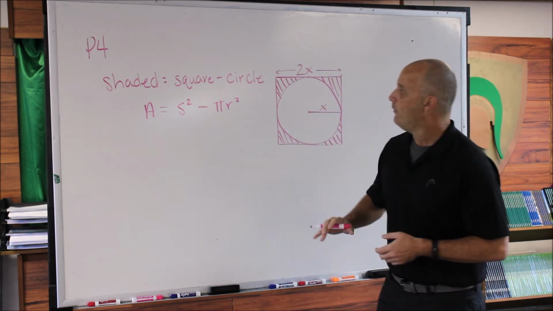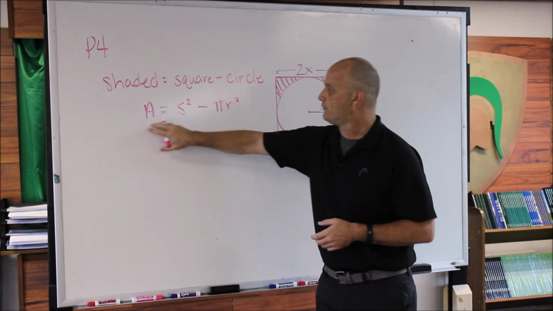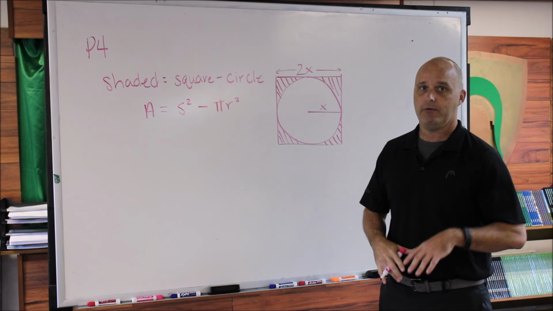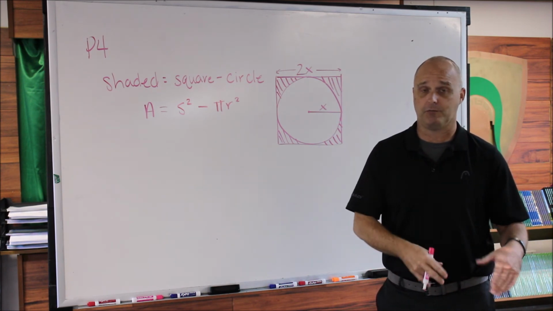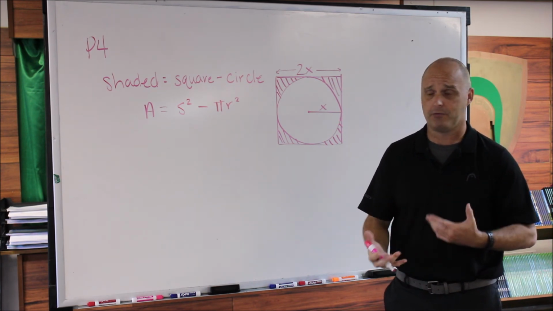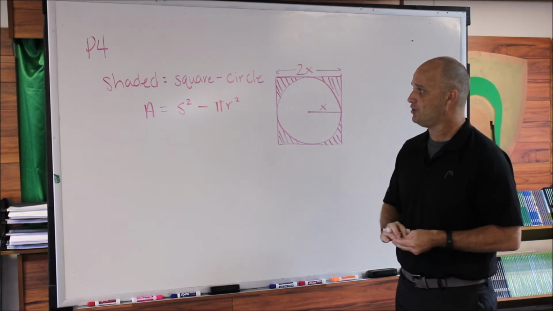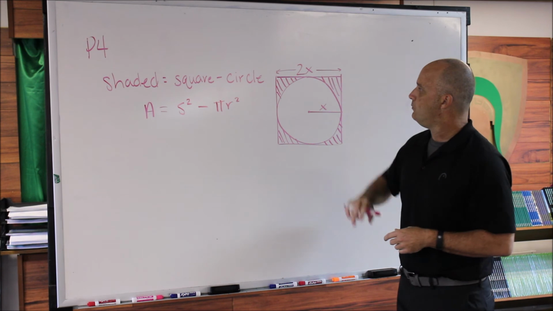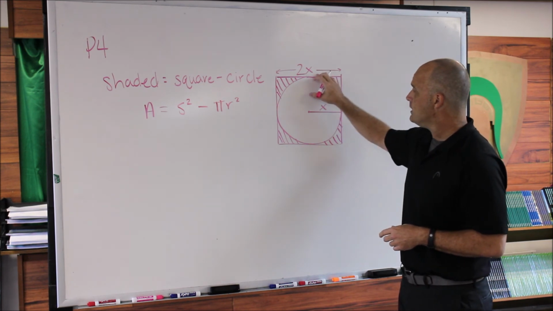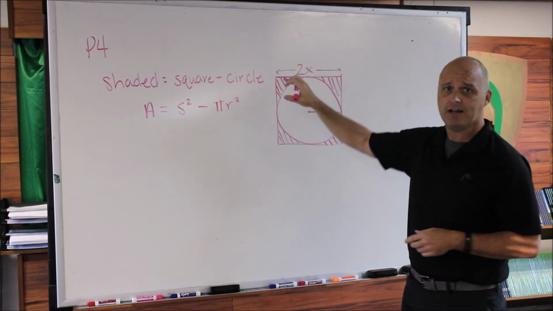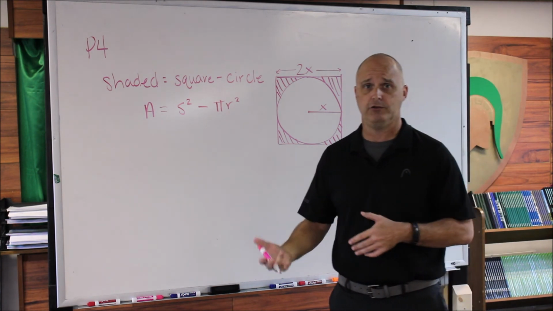So now we know this is going to be our formula. Now we need to start substituting in some known numbers for all of those pieces of information. Now if you go back to the drawing in the book, it tells you that the side of the square is 2x units long.